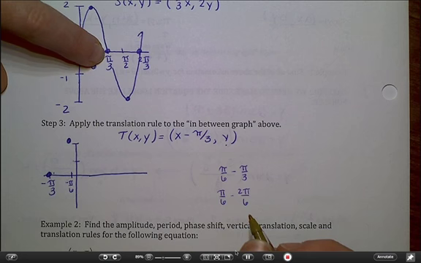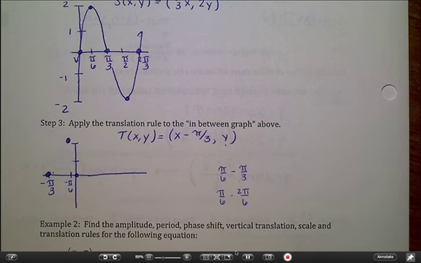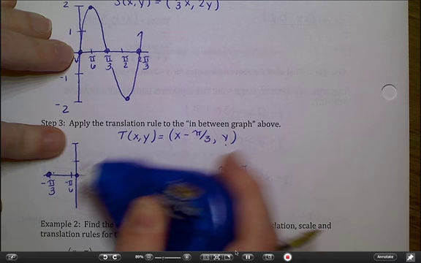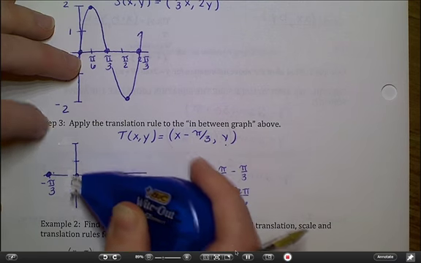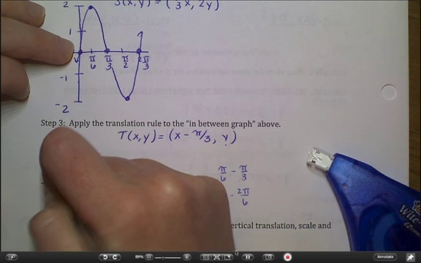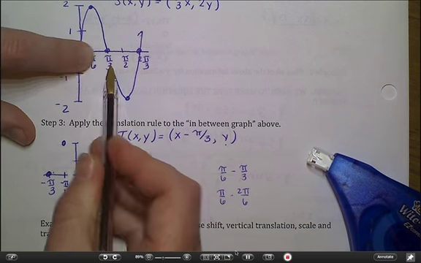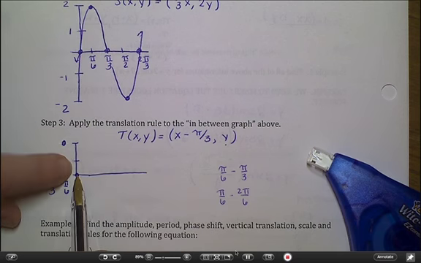Pi over 3 minus pi over 3, oh, this is a little crowded. My graph isn't the best spacing here. Let me get a little white out, actually. So, make that negative pi over 6. There we go. So this point, pi over 3, shifts to that point right there.